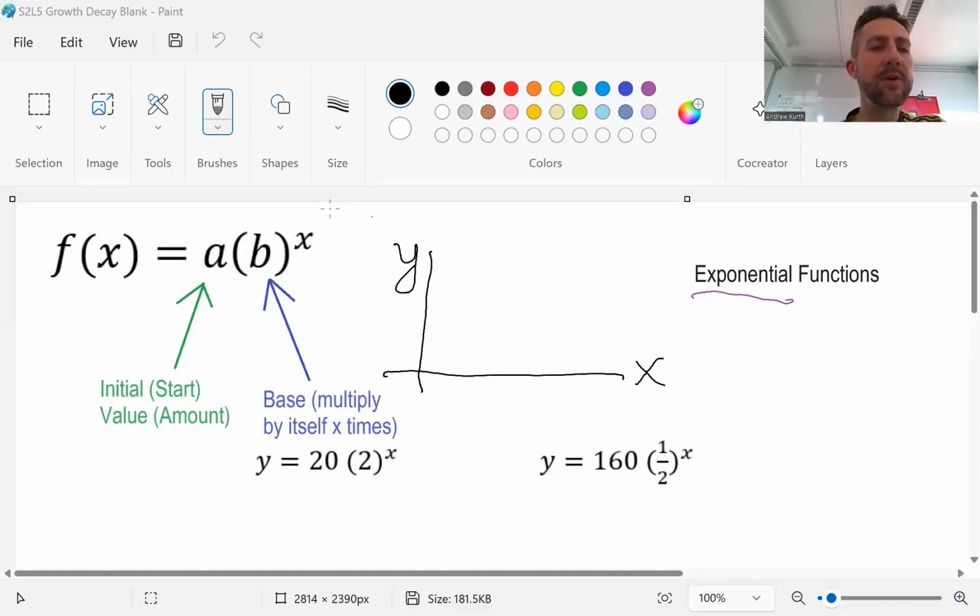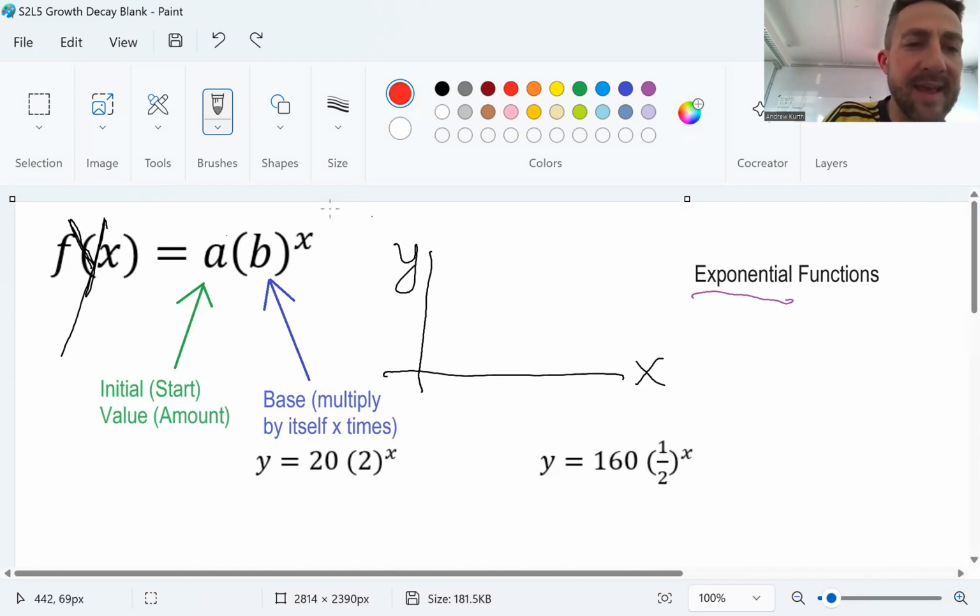All right, so exponential functions can be thought of as taking this form. Remember, for f of x, we're just talking about the y value. And that equals, again, a, your initial value or your starting amount, which gets multiplied one time.